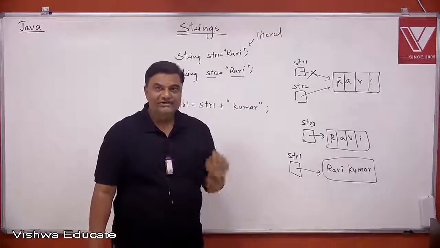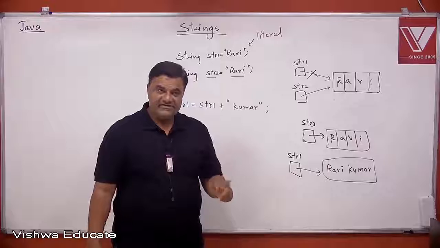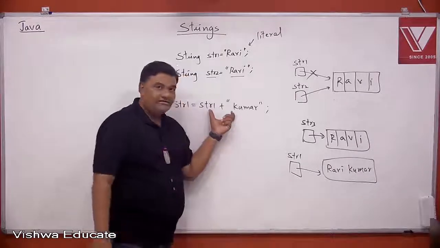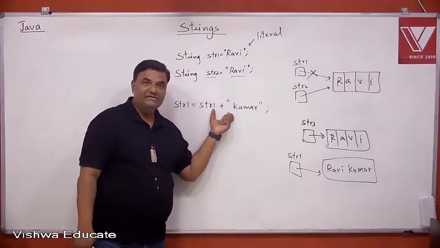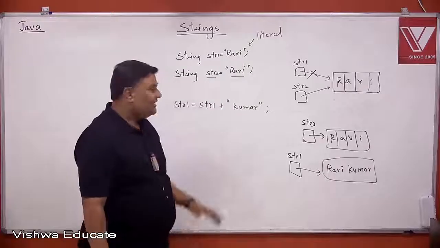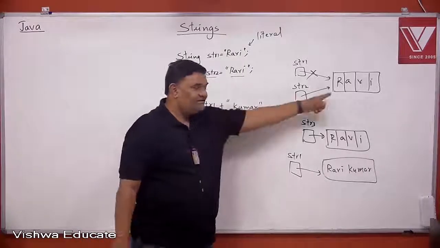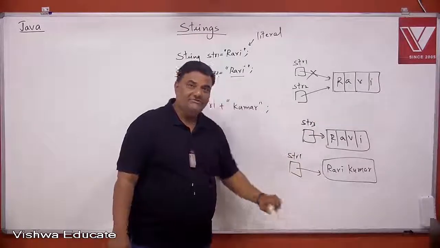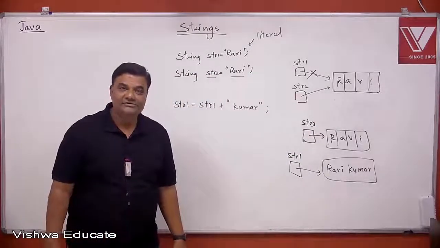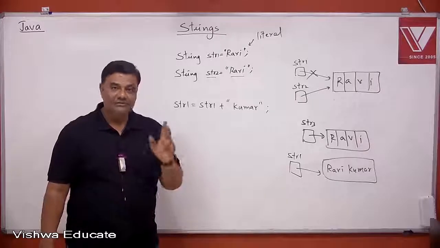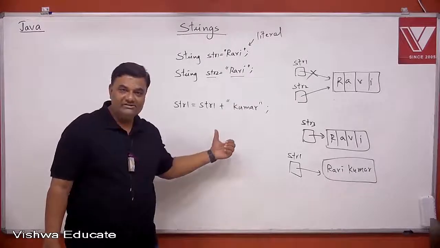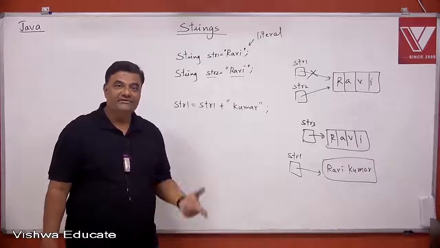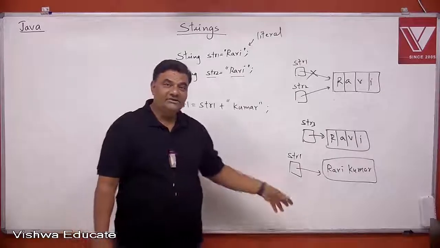So the two things I have shown here. First thing is you can concatenate a string using plus. Second thing, if you try to modify an existing string, it will not modify, a new string will be created.